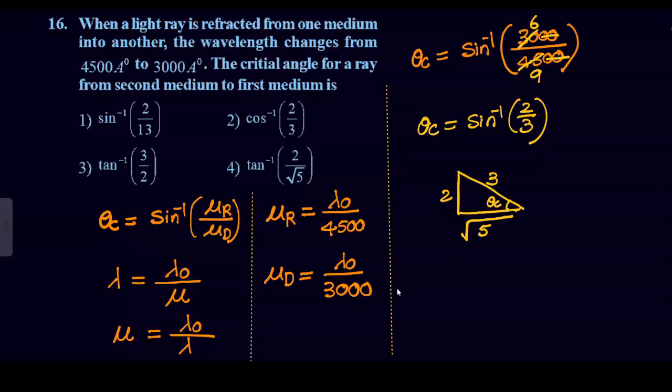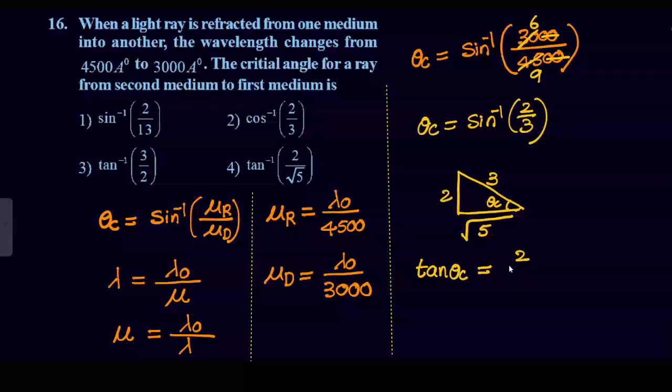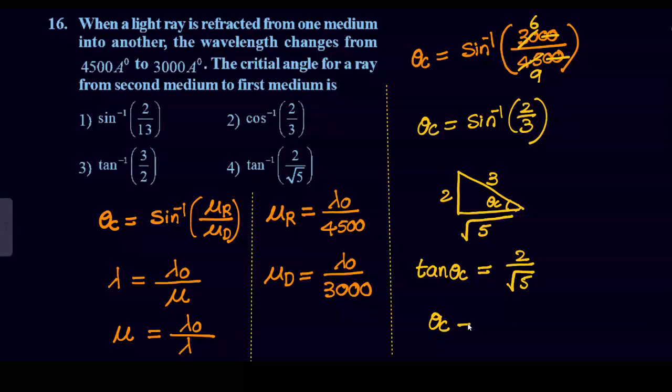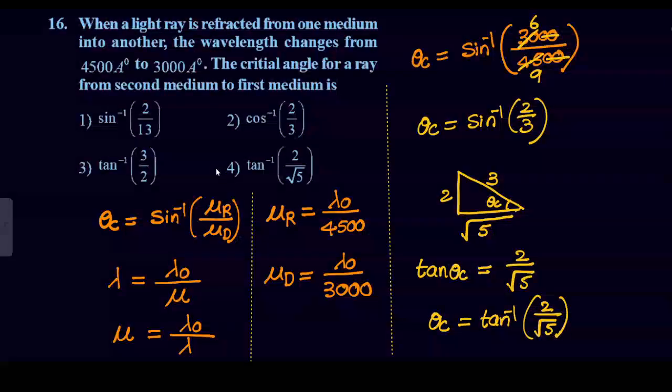This is theta c. From this we can get tan theta c, how much value? 2 by root 5. So that's why theta c equals tan inverse of 2 by root 5. Right.